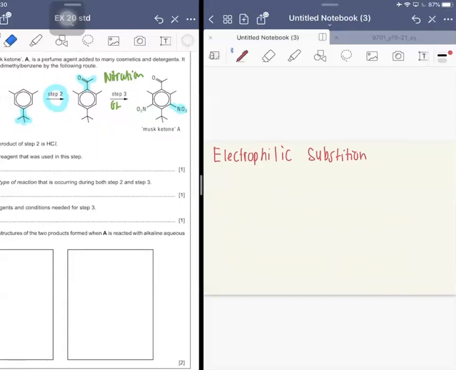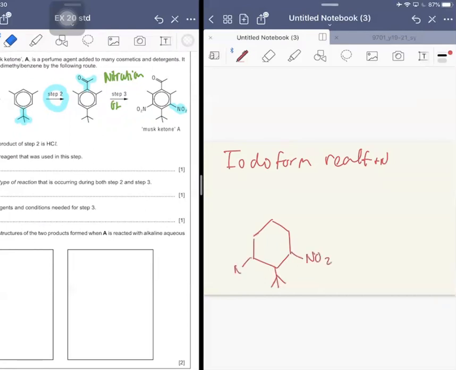Suggest the structures of the two products formed when A is reacted with alkaline aqueous iodine. Okay, so this brings back your iodoform reaction. I'm just going to draw the rest of the molecule first because that is not involved in the problem here.